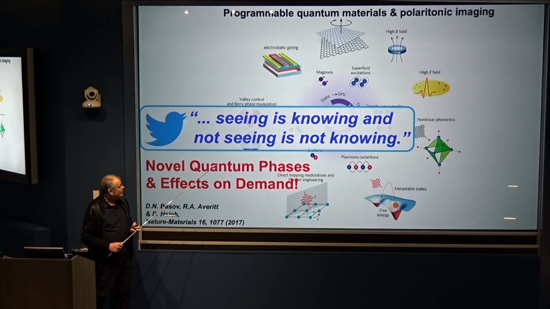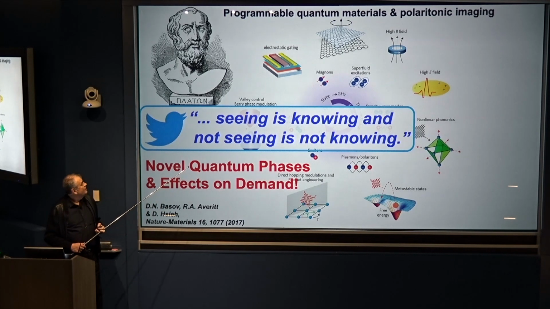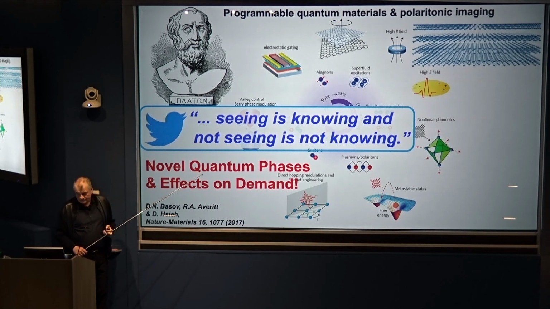Seeing is knowing, and not seeing is not knowing. This font is a little funny, but I hope everyone can read it. And this more or less describes, in just 44 symbols, what we are doing in our lab.